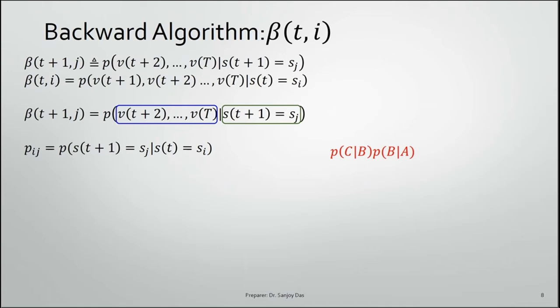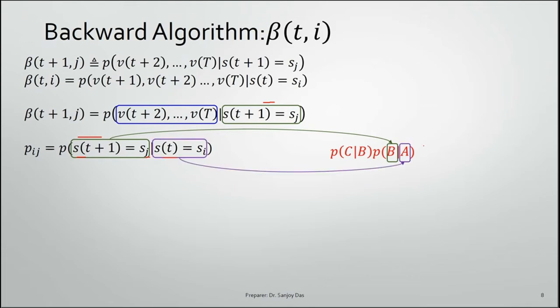Now let's multiply it with P_ij. P_ij is, by definition, the probability of S_{t+1} equals S_j given S_t equals S_i. That's the transition probability from S_i to S_j. And that's of this form, P of B given A, where B is the same as before, S_{t+1} equals S_j, and A is S_t equals S_i.